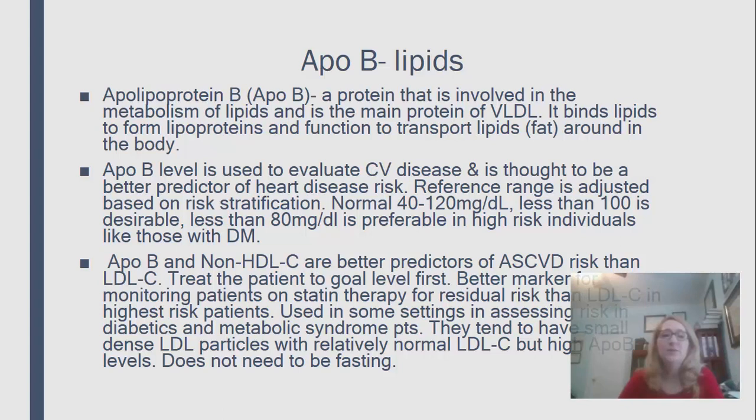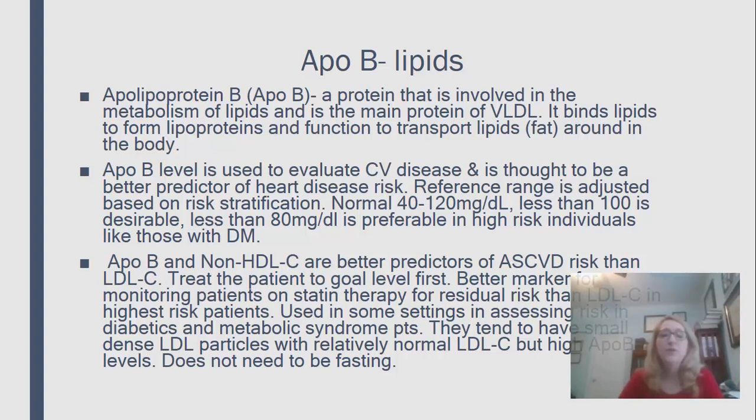Reference range is adjusted based on risk stratification. Normal, 40 to 120. Less than 100 is desirable. Less than 80 is preferable, particularly in high risk, like your diabetics. ApoB and non-HDL-C are better predictors of ASCVD risk than LDL-C. Treat the patient to goal level first.